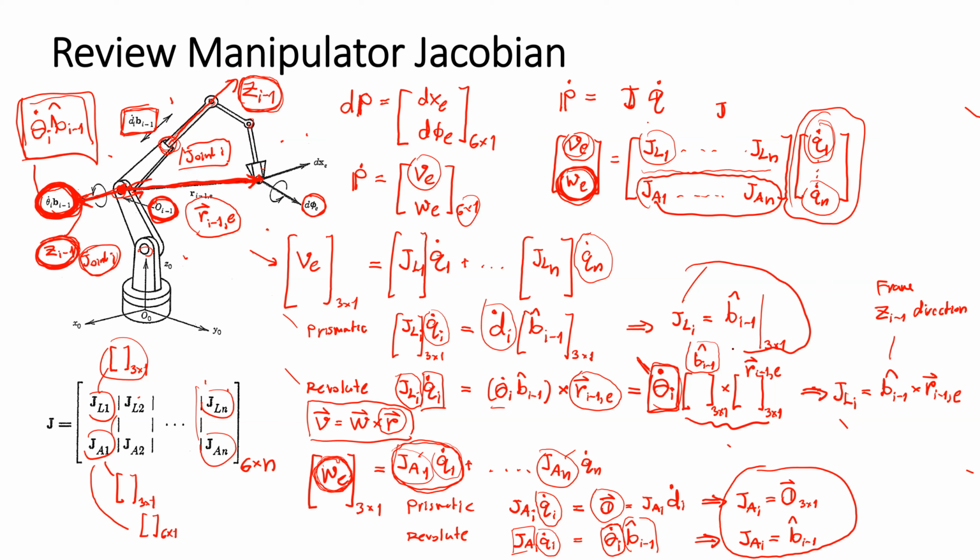We have this for the linear Jacobian for revolute and prismatic.